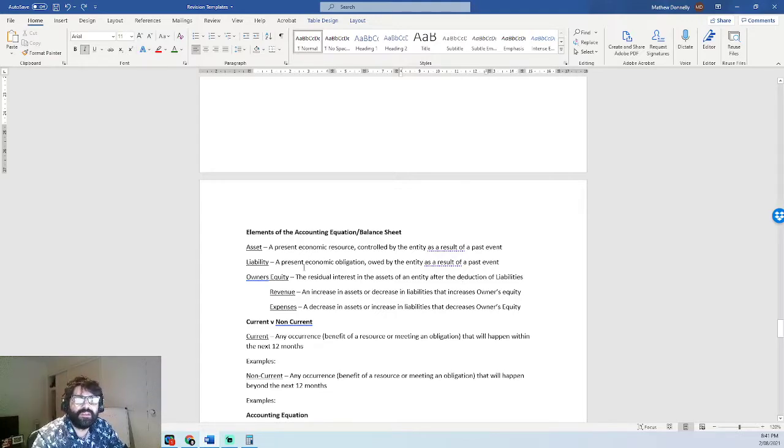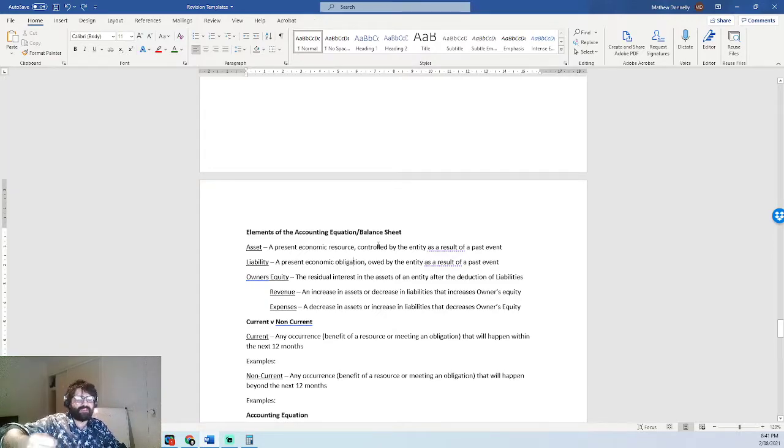So the important thing to remember here is liability, we owe it, and asset, we control it. Both of them are a result of a past event that can be proven, for example, if you have a receipt for it.